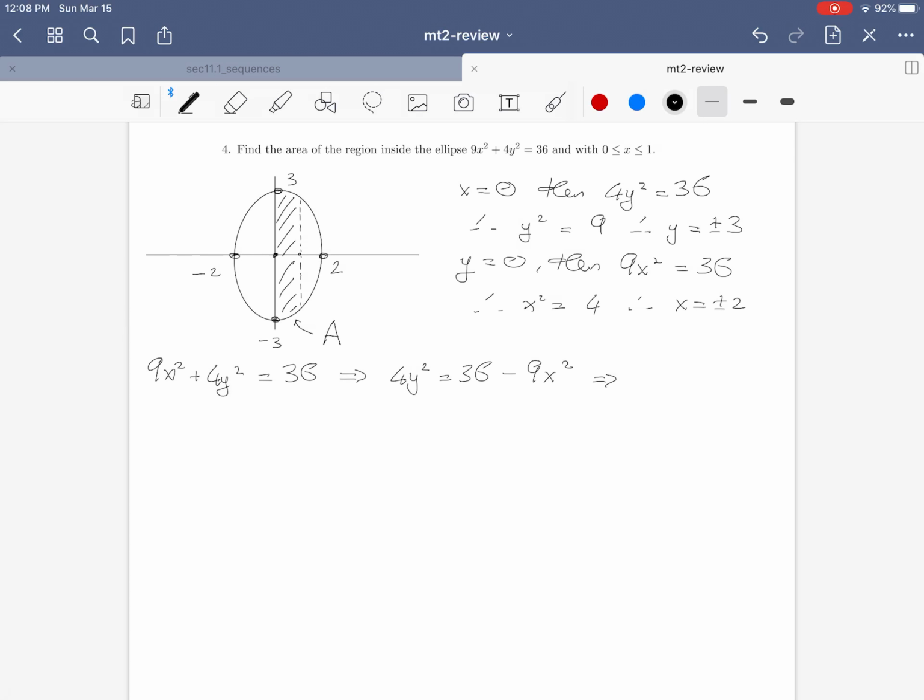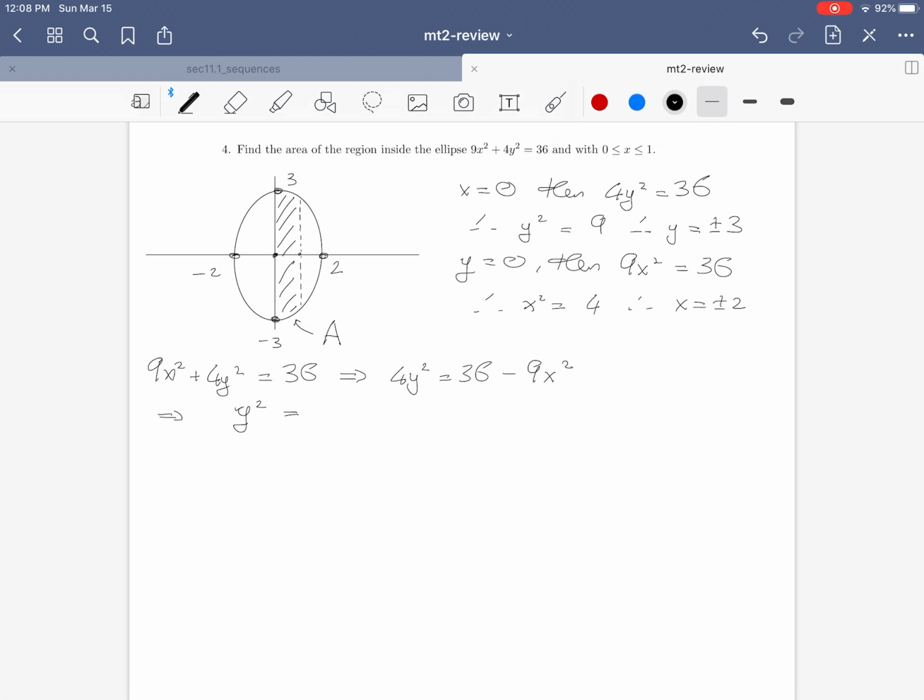so this tells me if I now divide by 4, let's factor out a 9, so I'm left with 9.